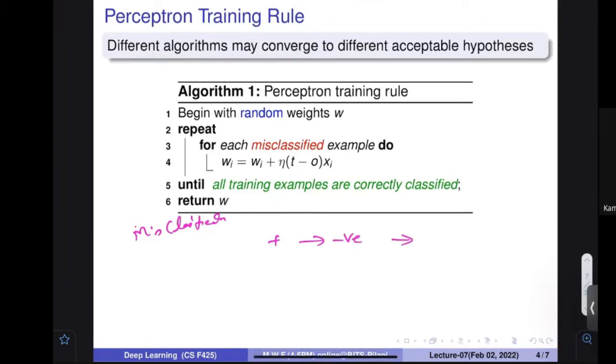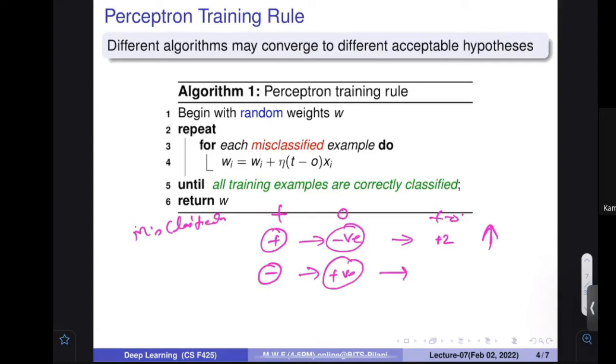The item was positive, my system was telling negative, so the target minus output was +2, meaning my weights are going to increase. And when the item was negative, my system was telling positive, at that time my weights are going to reduce. Target minus output is equal to -2. Then my weights are going to reduce.